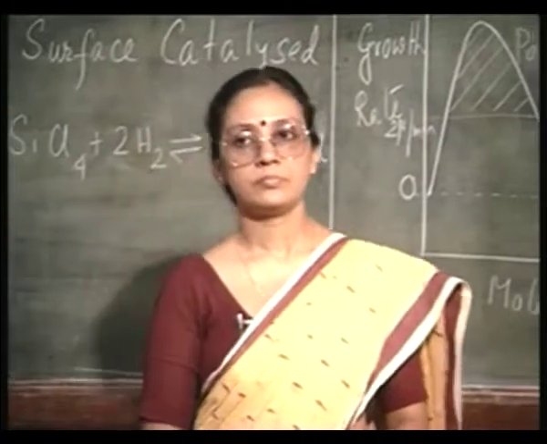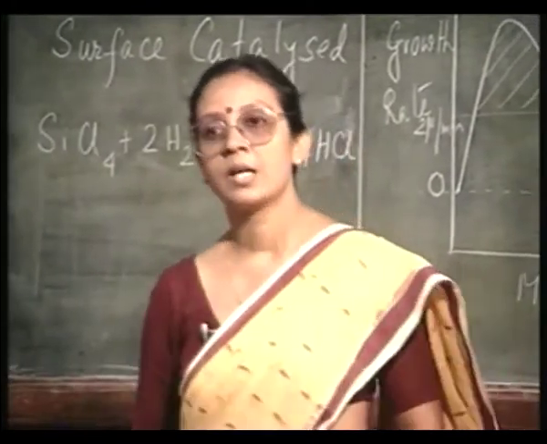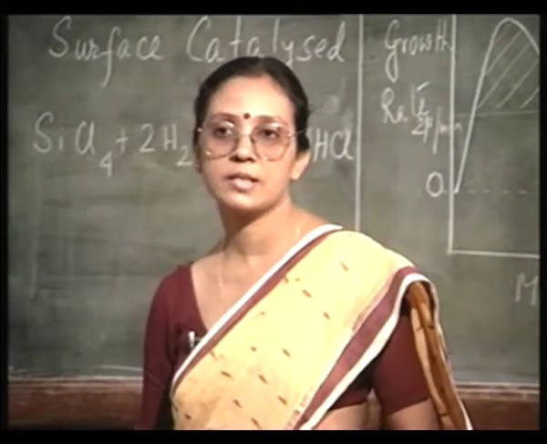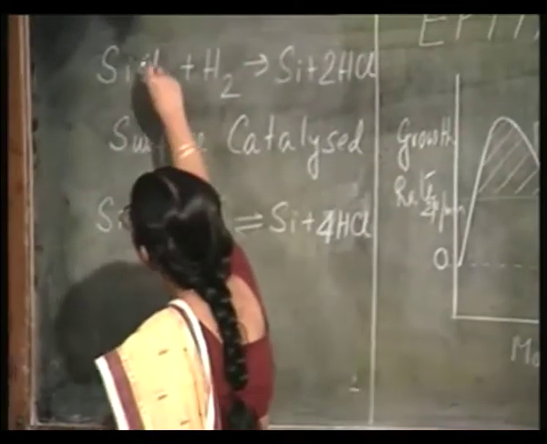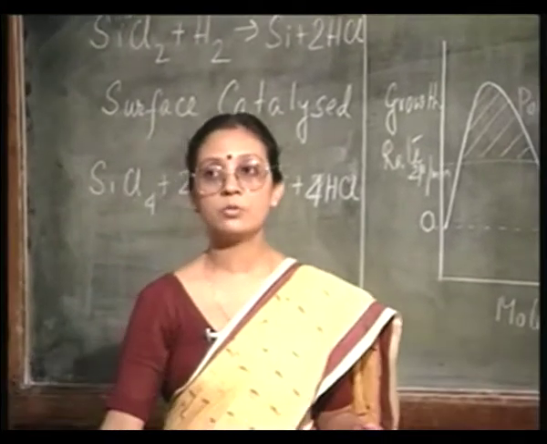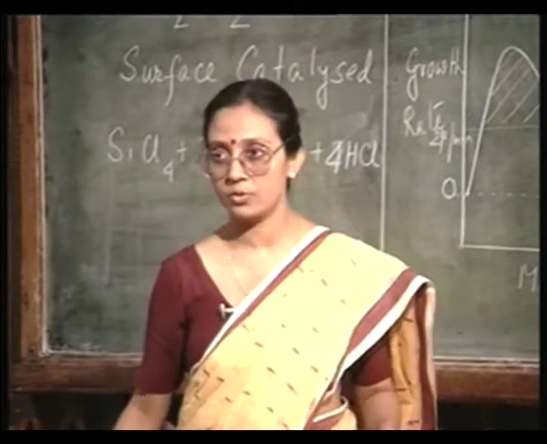But the point is, you see, eventually whether you use silicon tetrachloride or SiHCl3 or SiH2Cl2, your active reactant is going to be SiCl2. So, it all boils down to how effective these materials are in generating SiCl2.